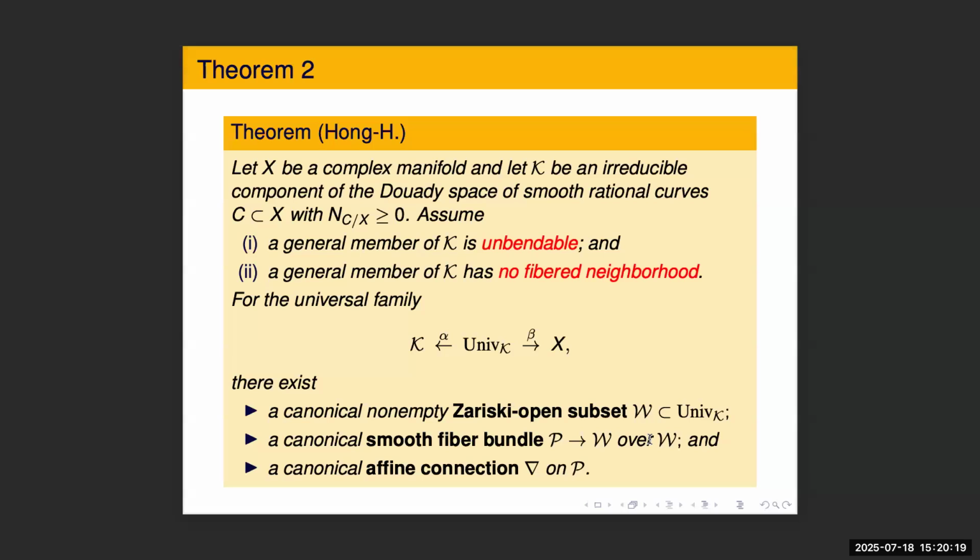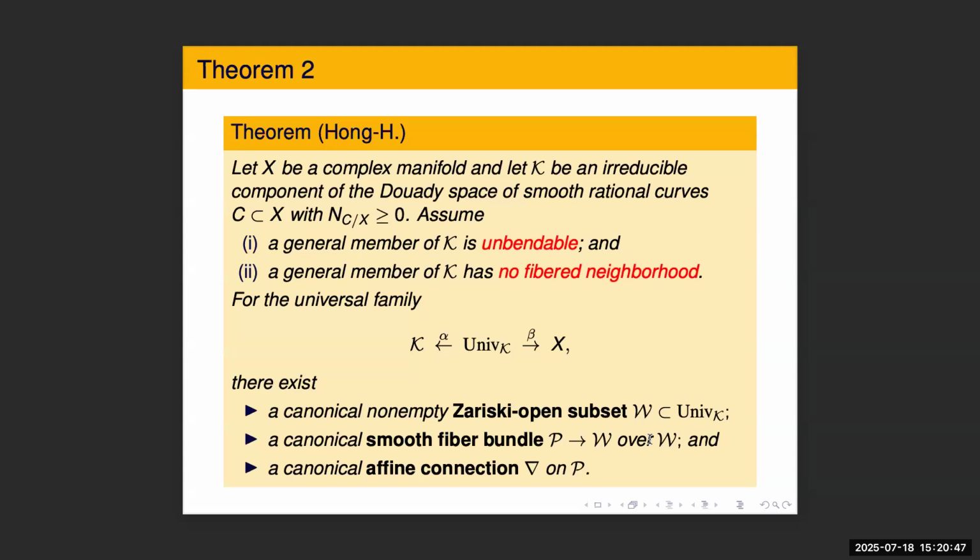There exists a canonical non-empty Zariski open subset in the universal family, a canonical smooth fiber bundle over the Zariski open subset, and a canonical affine connection on this fiber bundle P. So here you come up with an affine connection, and this is the affine connection we can use to prove the convergence.